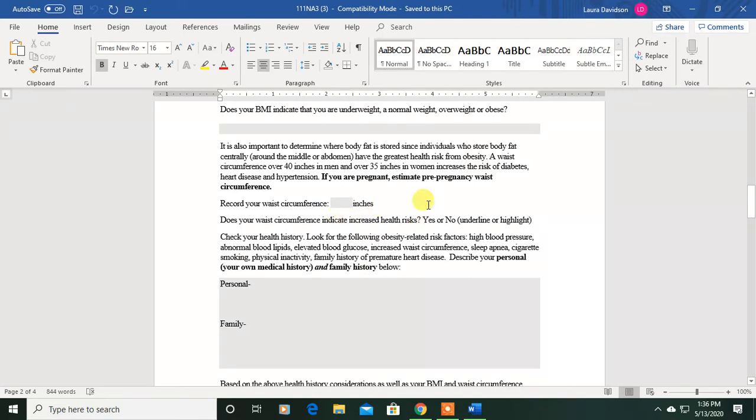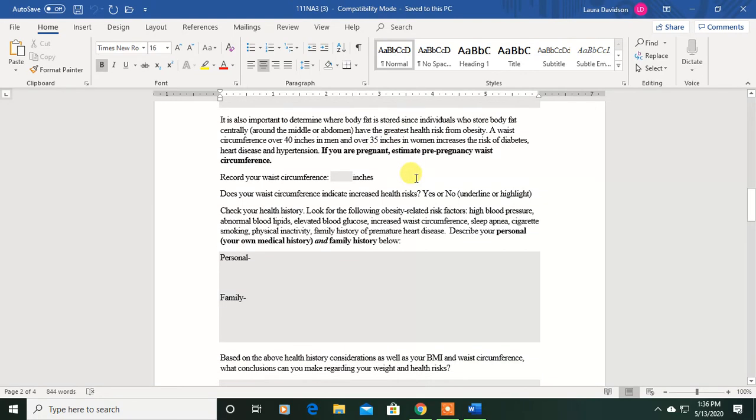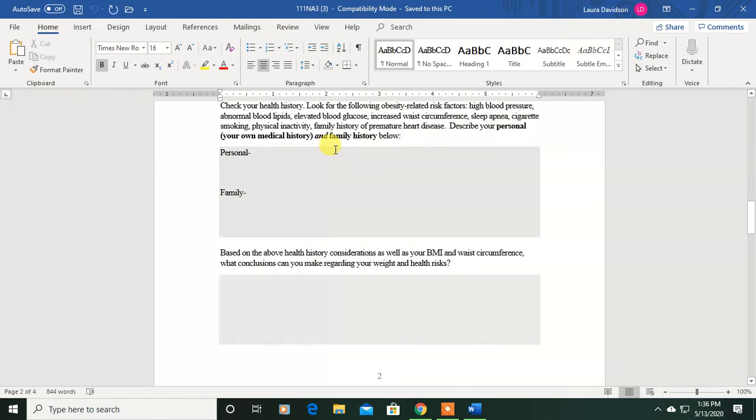Does this indicate a health risk? There are indices here, cutoffs, that tell you whether that would be a yes or a no, and check into your health history. Genetics and family history make a difference in whether we're concerned about overweight, whether we're concerned about low-level obesity, and to what degree.